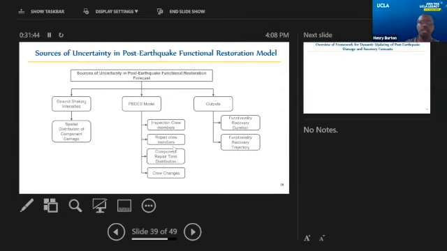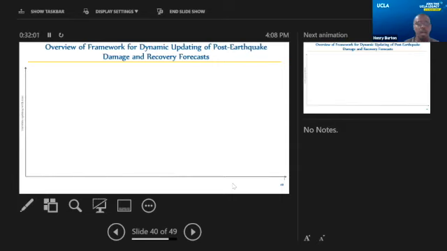Over time, as we collect information on what's damaged, how long things take to get inspected, or how long things take to get repaired, can we update the distributions of the parameters, as well as our estimates of the recovery trajectory?